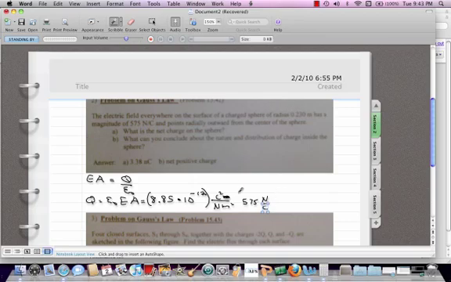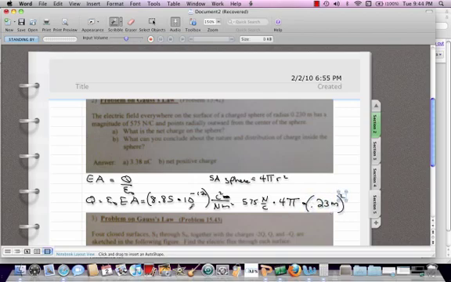Here we're told the sphere, so remember the surface area of a sphere, SA of a sphere, is equal to 4 pi r squared. So I'm going to put 4 times pi, and then times 0.23 meters squared.